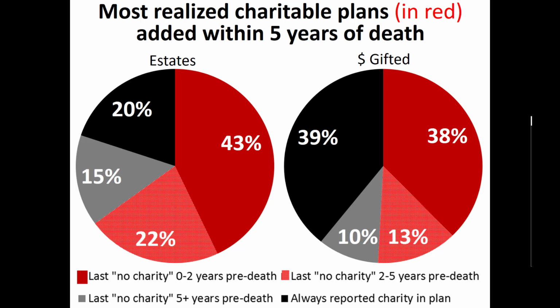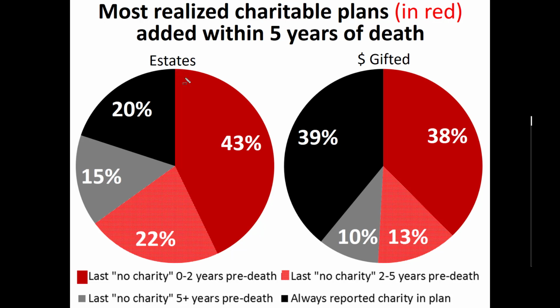Over 12,000 people have died during the process, and it's only looking at decedents who actually transferred dollars to charity at death. Then we go back to their lifetime surveys, where they report whether or not they have a charitable component in their estate plan, so that we can identify when that charitable component was added to the estate plan.